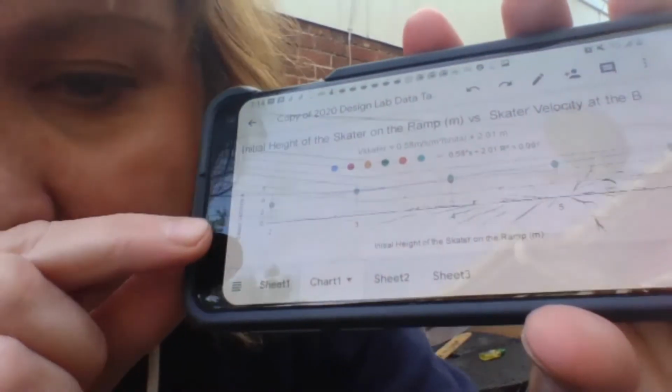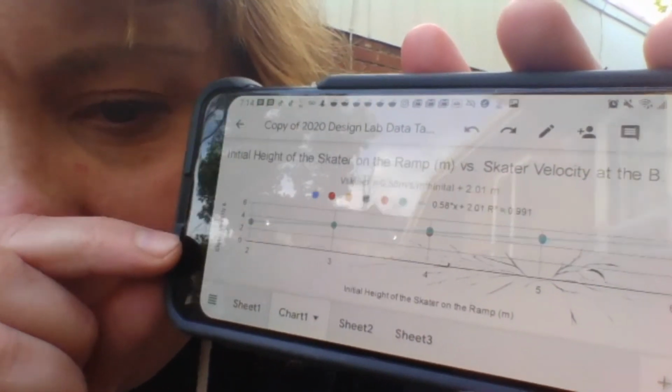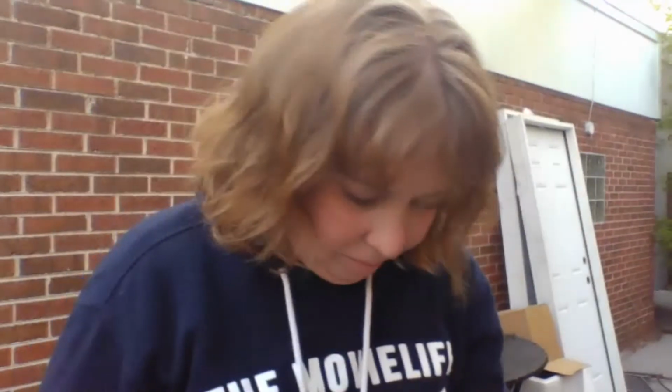And then my x is the initial height of the skater on the ramp in meters.